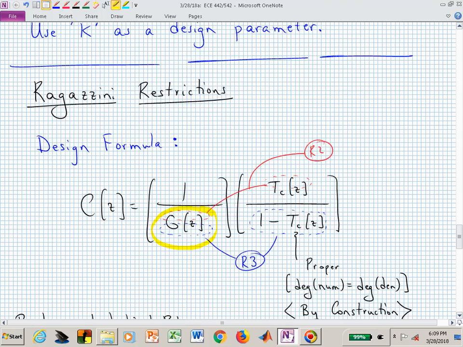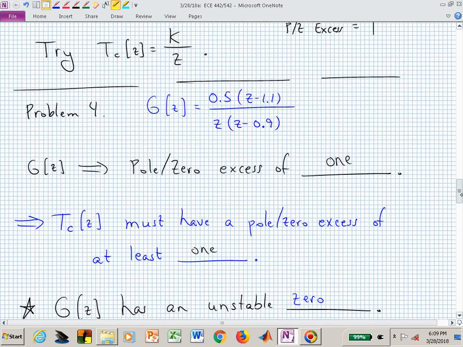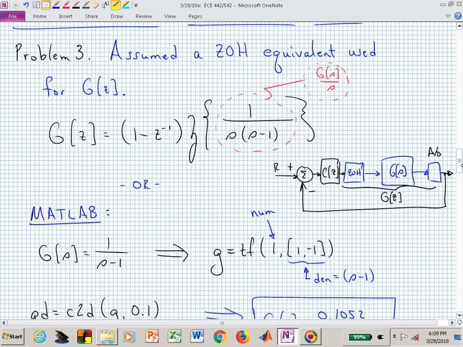So in the real world, or when we implement this controller, this is what we are going to be doing with our controlled system. We will have a c of z multiplying g of z in the closed loop. That's where the controller is multiplying the plant. That's where we do not want cancellations to occur that are unstable.